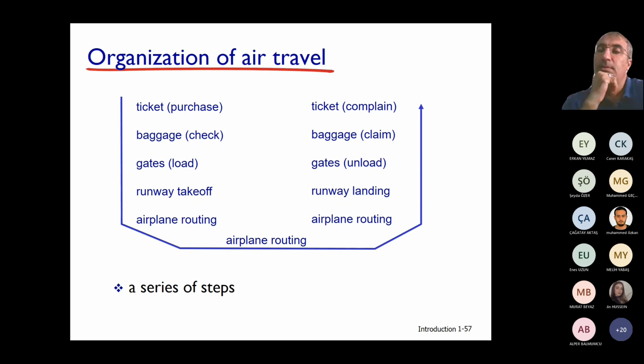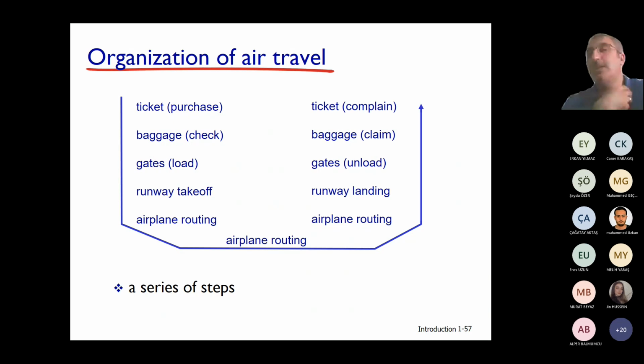Then it lands at the Ankara airport through this route, taxis on the runway to the specific gate, and you get off the airplane from a specific gate.